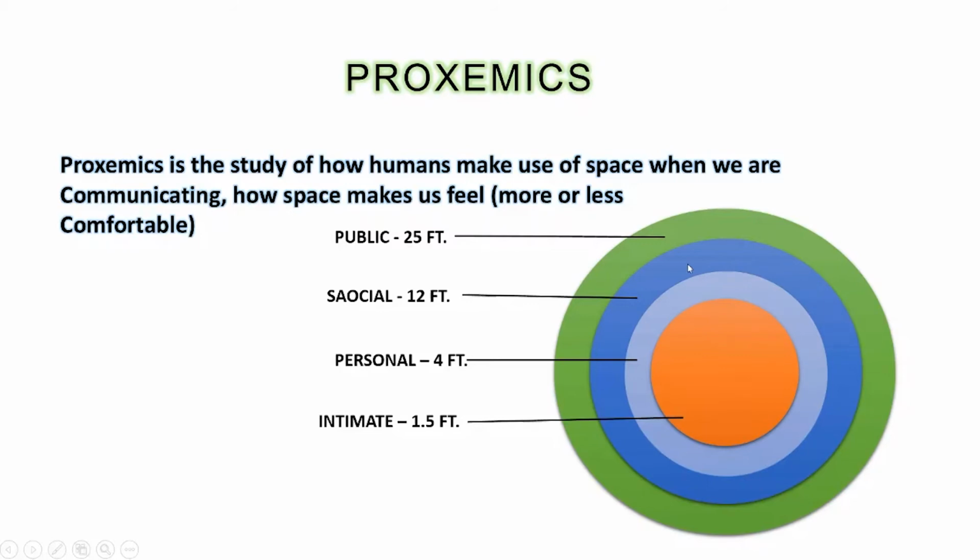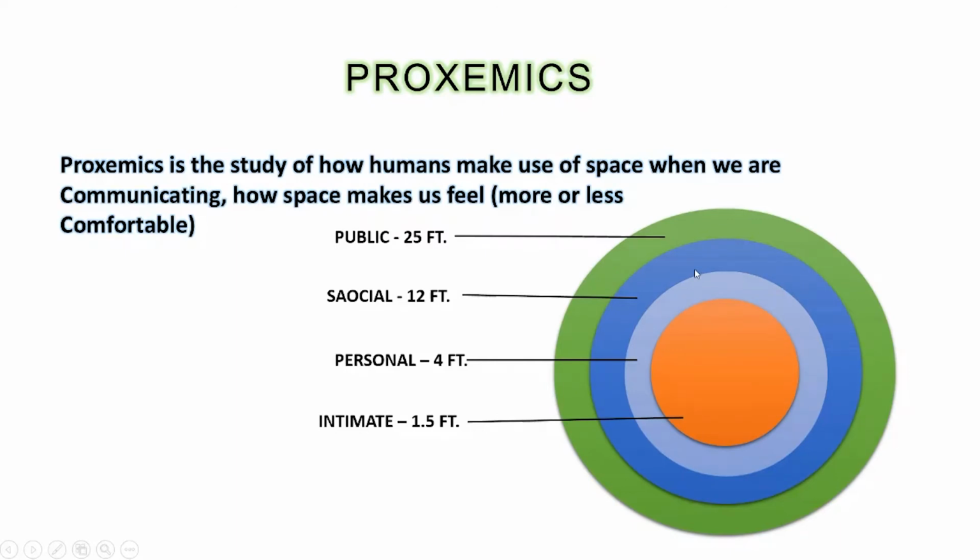Now let's listen to the next space, which is the social space. Consider the example of teacher and student. Often you tend to keep your teacher at a respectable distance.